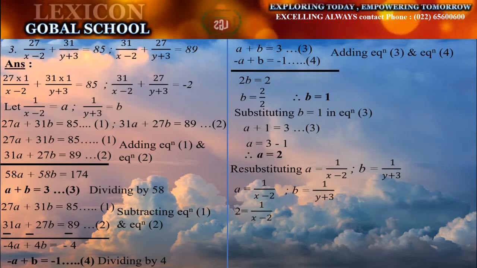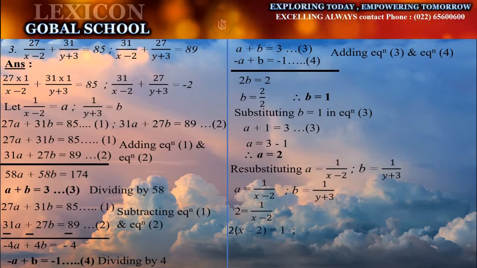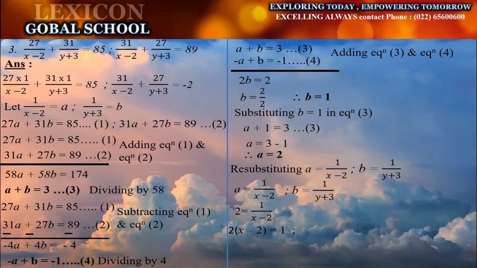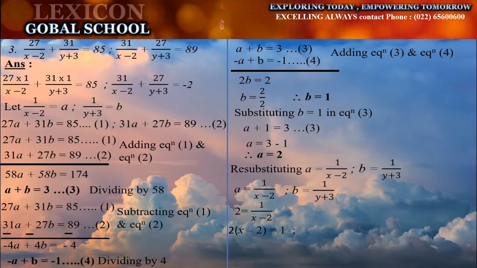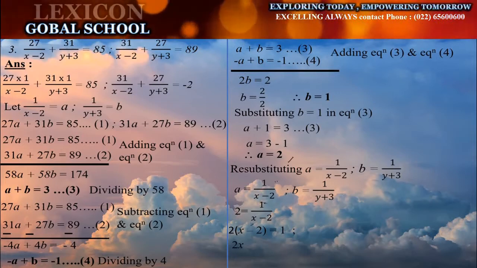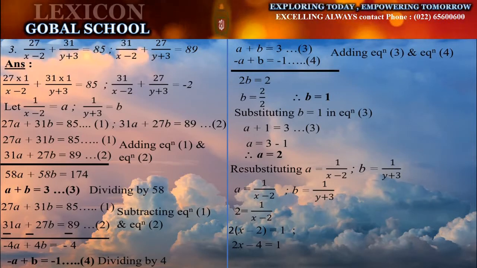So 2 is equal to 1 upon x minus 2. 2 goes to the LHS and gets multiplied. So 2 into x minus 2 is equal to 1. Therefore 2x minus 4, 2 into x will give me 2x, 2 into 2 will give me 4.